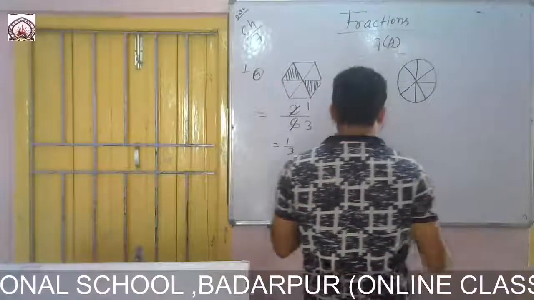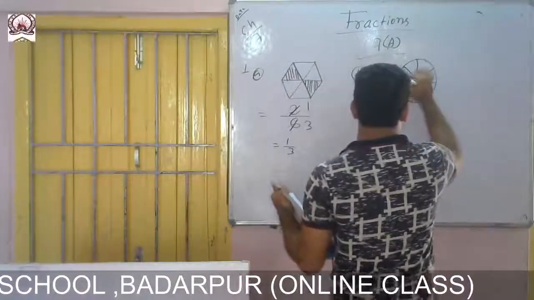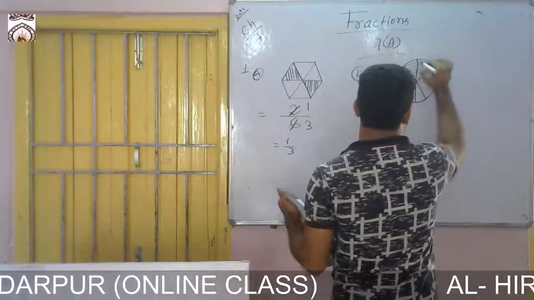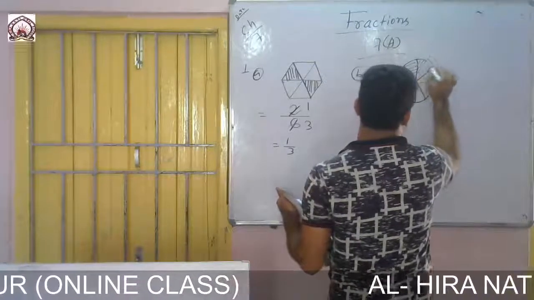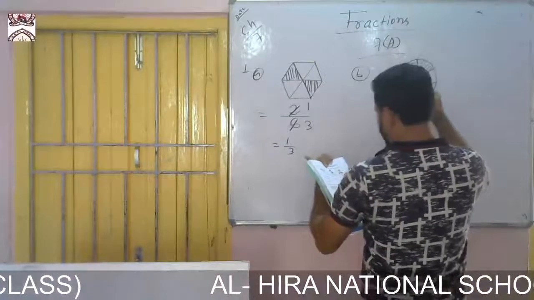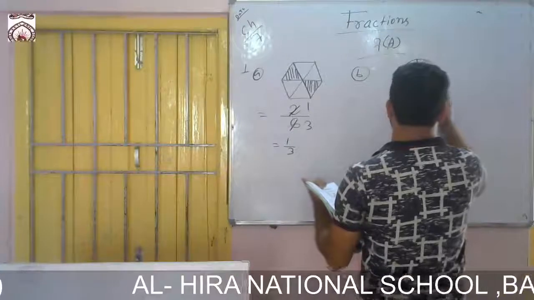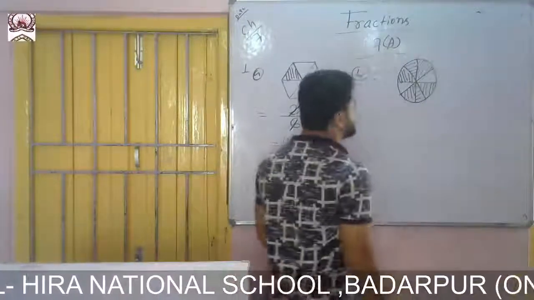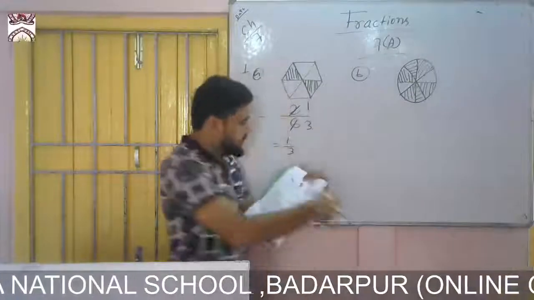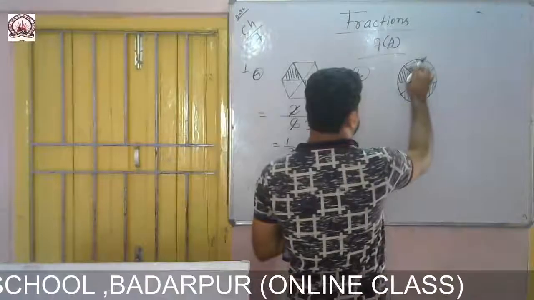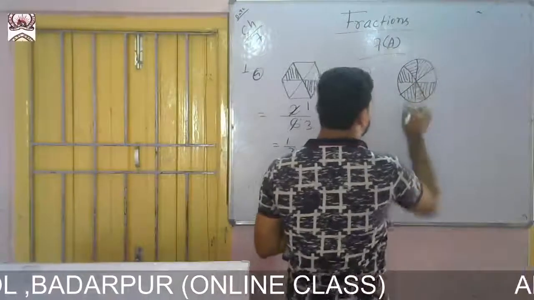Among these, 3 parts, this part is shaded, and this part is also shaded. So this part is shaded, only 2 parts are not shaded. So how many parts are there here, you see? 1, 2, 3, 4, 5, 6, 7, 8.